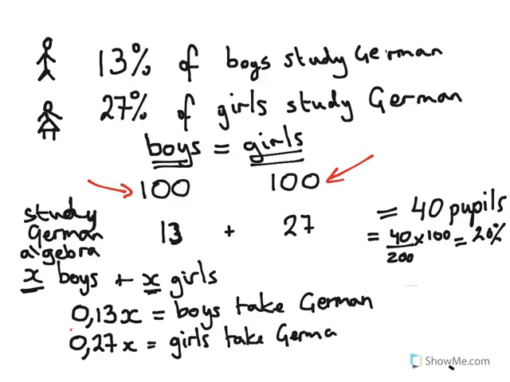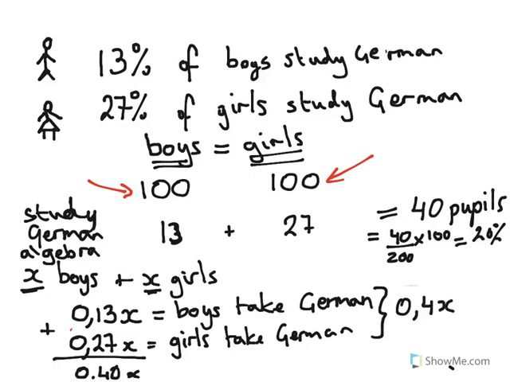So if we add these two together, we get the number of pupils in total that take German, and that is 0.40 of x. So the number of boys and girls together taking German ends up to be the decimal number 0.4 of x.